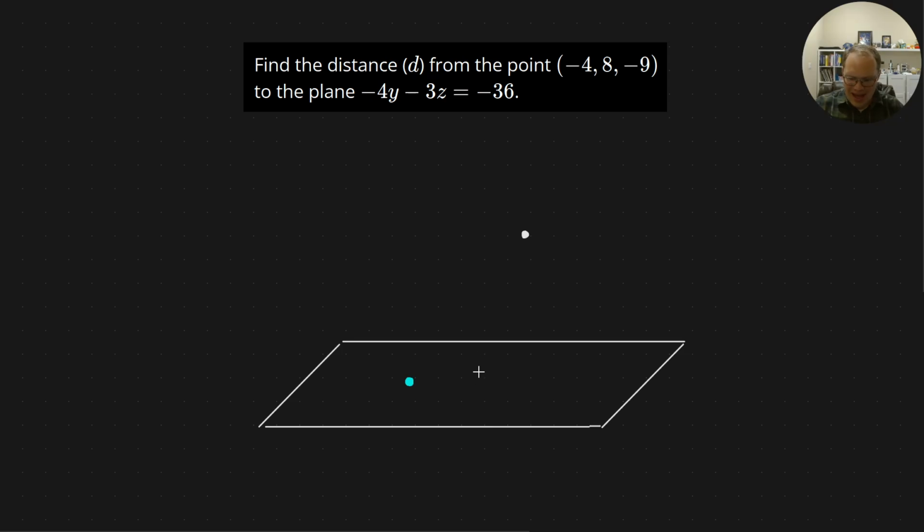And I can calculate the vector that points from the point on the plane to the point I'm interested in. Okay, and what else do I know? I know I can easily find from the equation, just looking at it, the normal to the plane.